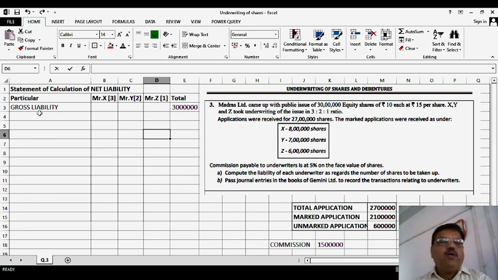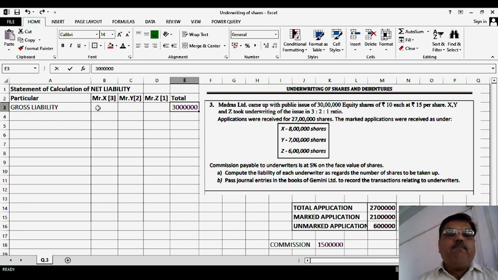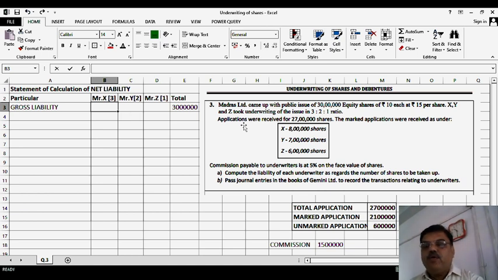Chalo. Now gross liability, this 30 lakh, we have to divide among Mr. X, Mr. Y and Mr. Z in the ratio of 3 is to 2 is to 1. So Excel is there, so I can do it very easily, but you have to take help of calculator, because in the examination Excel sheet will not be there. Okay, only calculator.